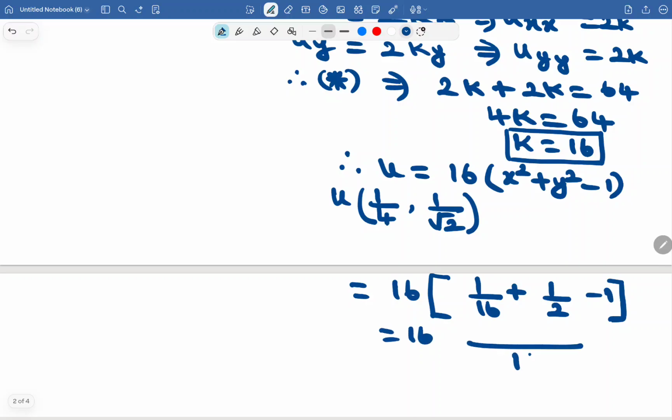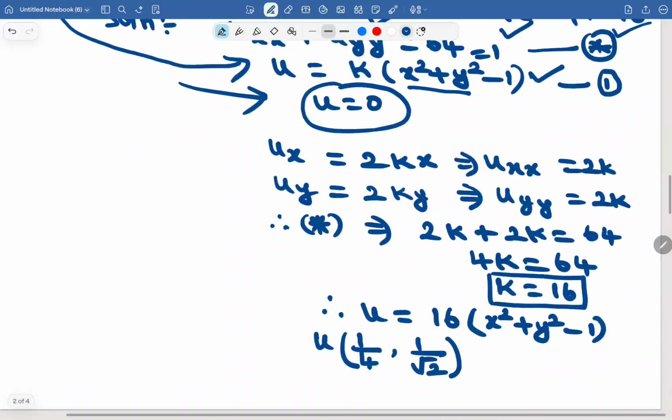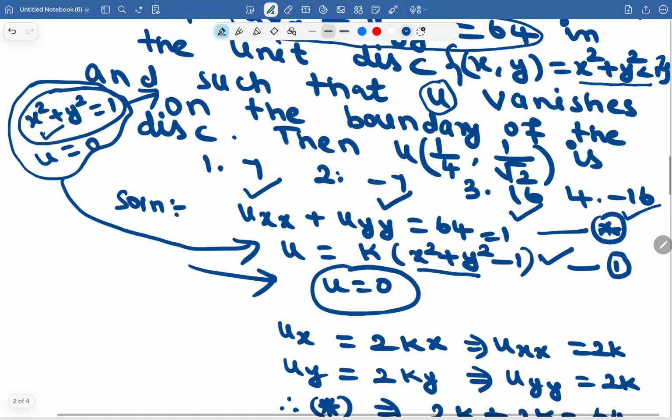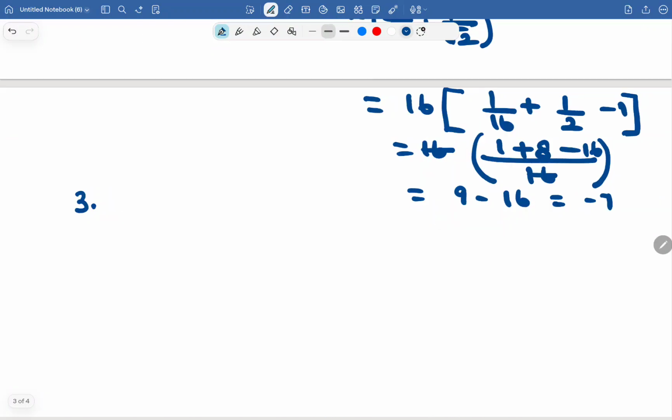LCM is 16: 16 into 1 plus 8 minus 16, over 16. The 16 cancels. Sorry, here 16 into 9 minus 16 over 16, the answer is minus 7. For this problem, the second option is the correct option.